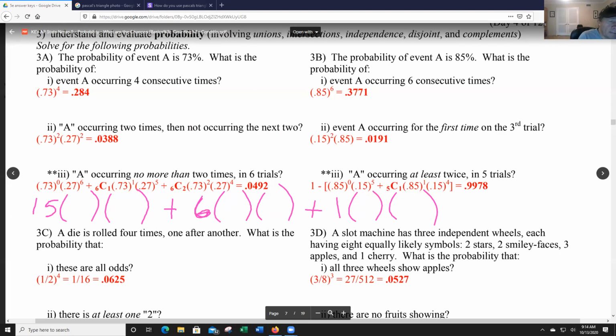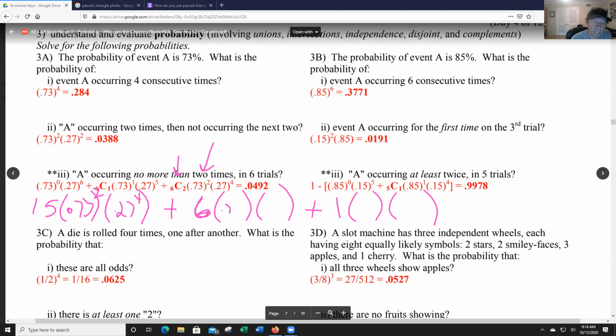So that's going to be 0.73 squared, and you notice that right here. And notice this is 6 choose 2, okay? Times 0.27 to the 4th. Notice that the 2 and the 4, the exponents, add up to 6 because there are 2 successes and 4 failures, okay? The next one will be there are 6 ways for this event to occur once.